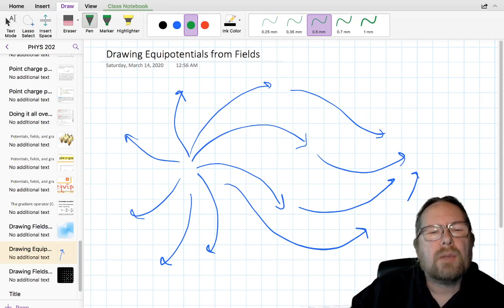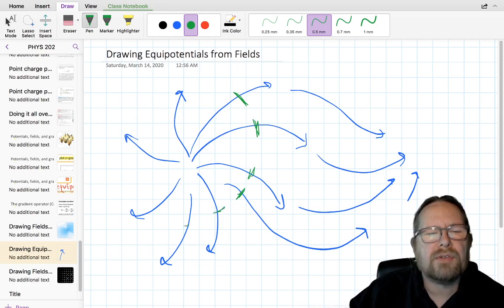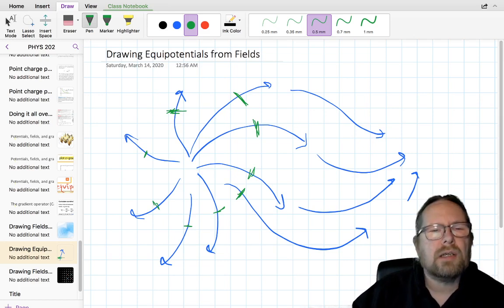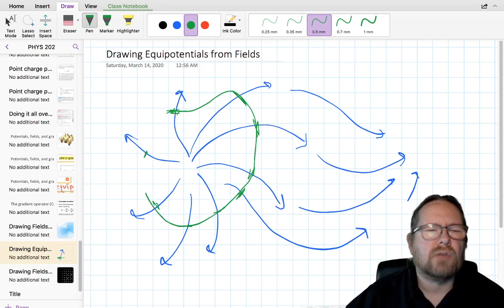Well, the equipotential surface everywhere is going to be perpendicular to the field lines. So the equipotential surfaces would be something like this, and they would be connected to places where the lines are about the same distance apart. This is really hard to draw with this tablet, but you'll get the idea here.